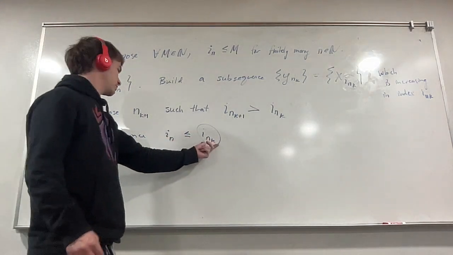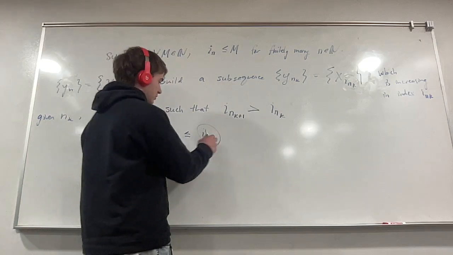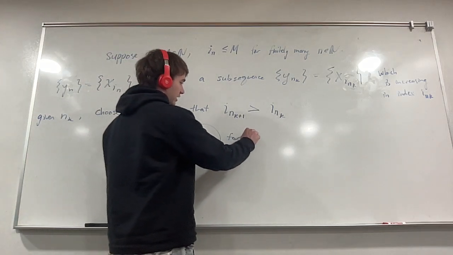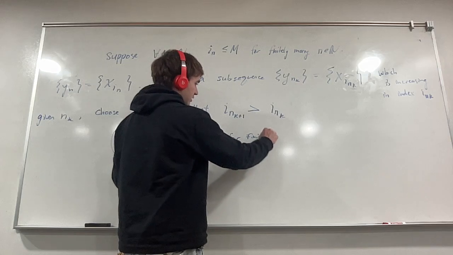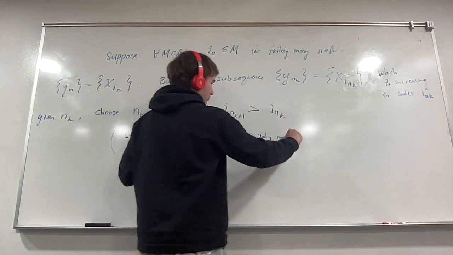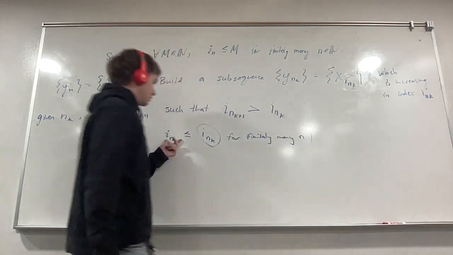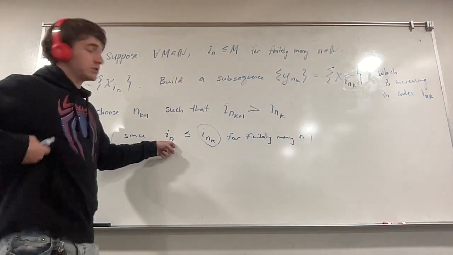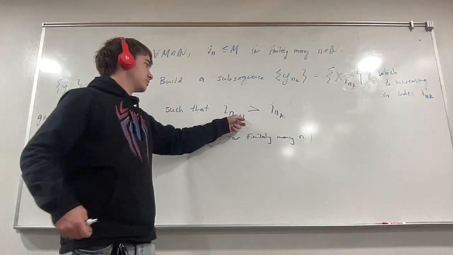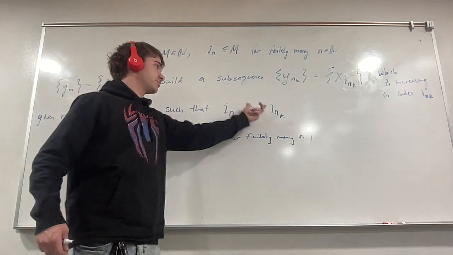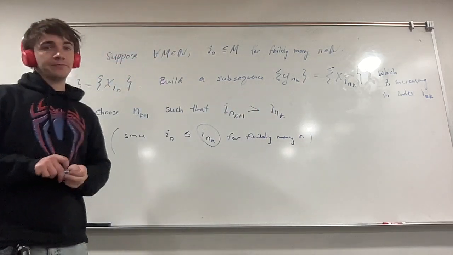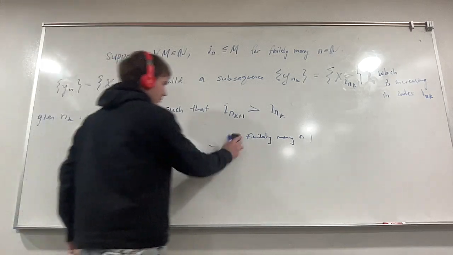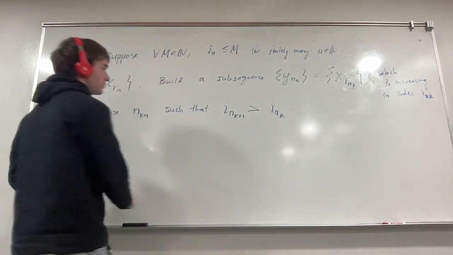This is a fixed number, and this is only less than or equal to I sub n for finitely many n. So I can always find an n big enough, because I have infinitely many choices, such that I sub n sub k plus 1 is bigger than I sub n sub k. All right, hopefully that makes some amount of sense.